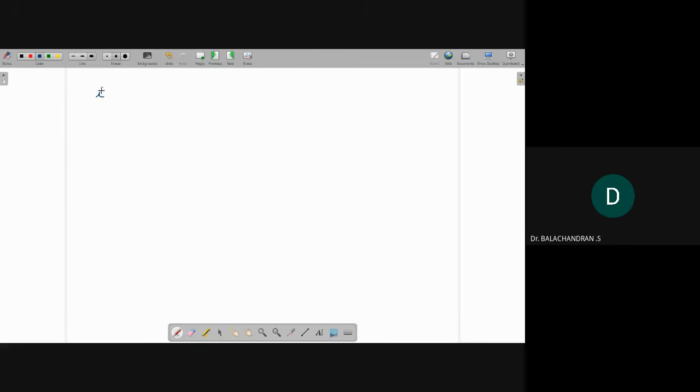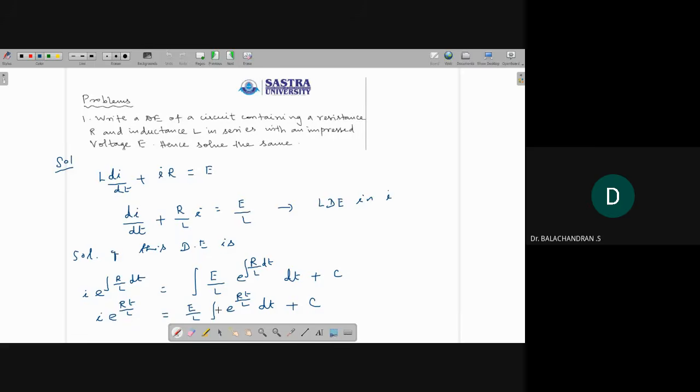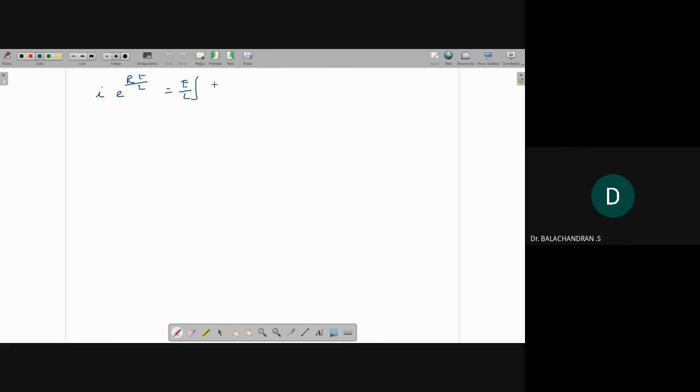So left hand side is I into e power RT by L. Right hand side, E by L is a constant. Integrate e power RT by L, divided by R by L, plus C. So L gets cancelled.